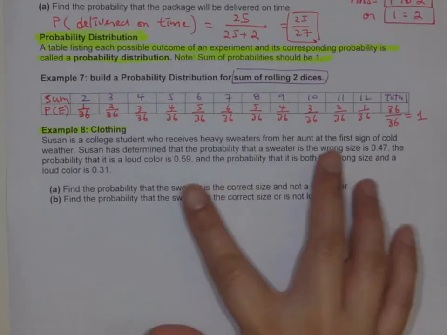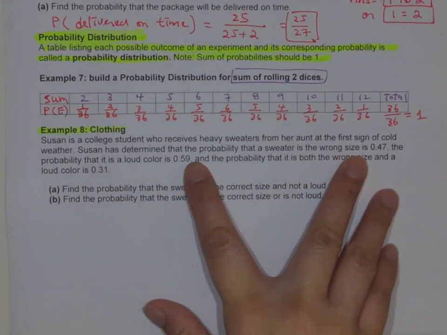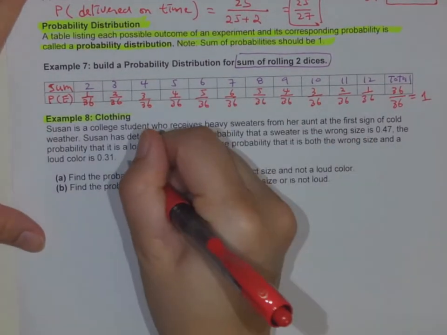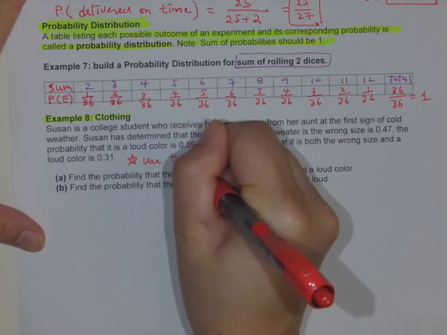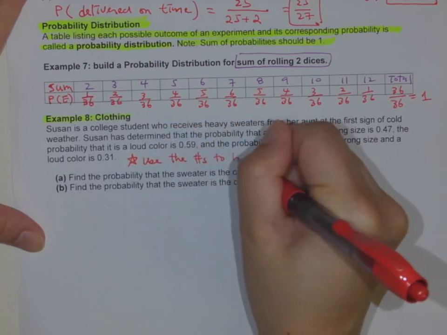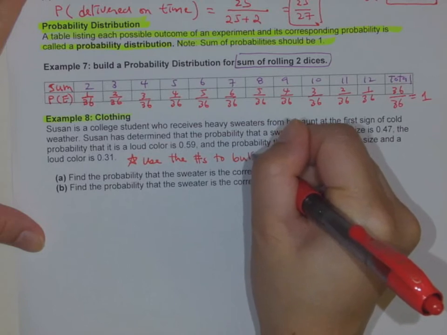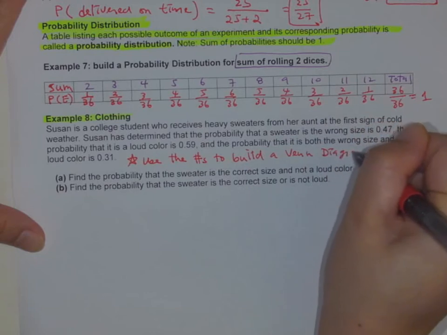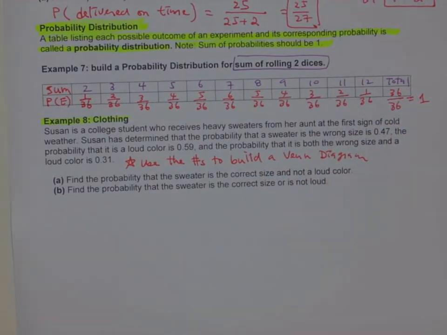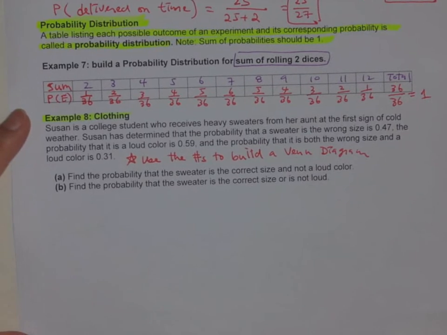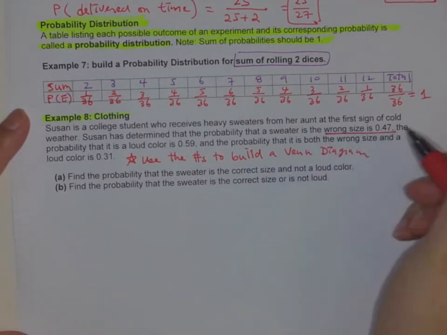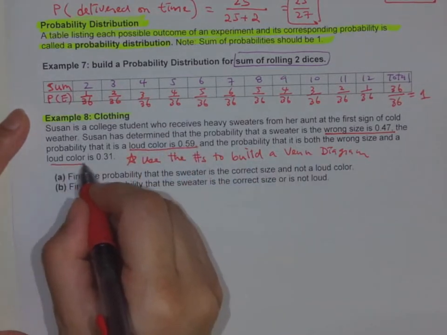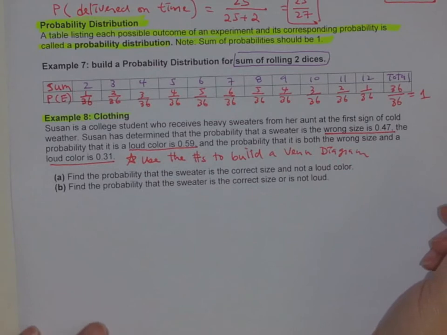So you have to be careful, these two have some overlapping part together. So a lot of the time we will use the numbers to build a Venn diagram. Okay, so I'm going to say the W would be representing wrong size, and then loud color we can use L, and then both would be 0.31.